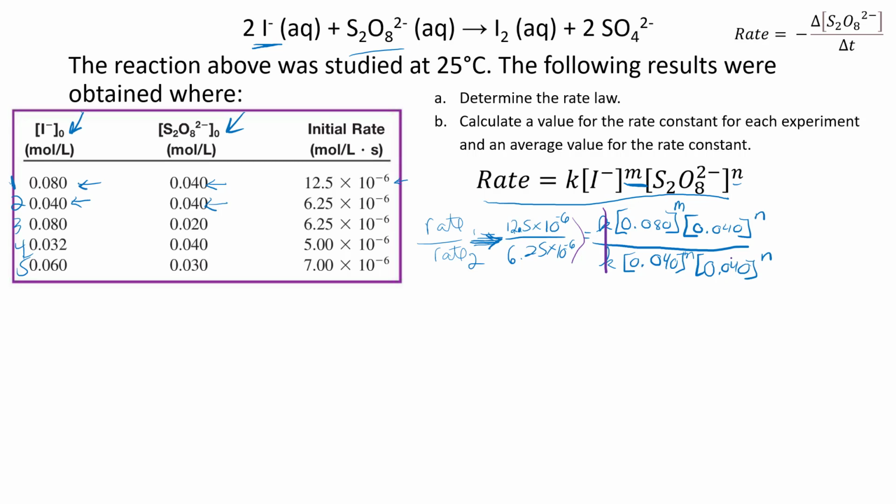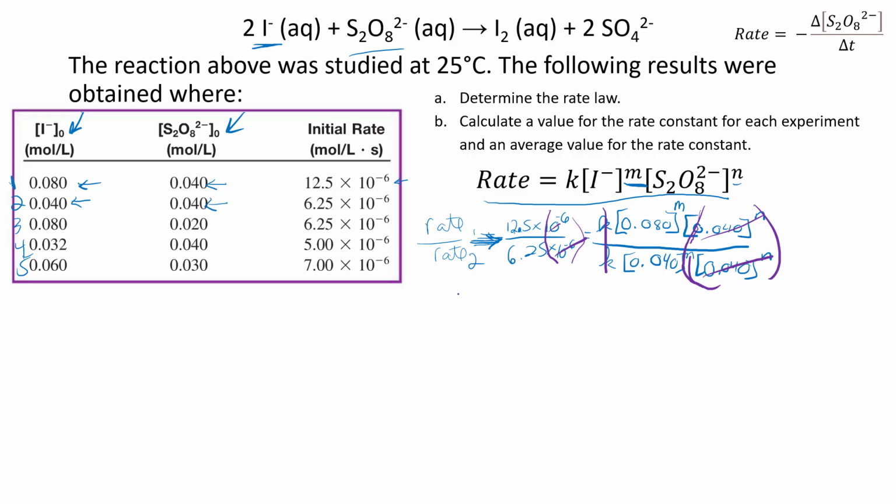The n's are all the same on the top and the bottom, so they cancel out, which means I'm left with 0.080 raised to the m over 0.040 raised to the m equals this whole expression on this side. What I would do first is notice that 10 to the negative 6 is on the top and the bottom too, so they're going to cancel.